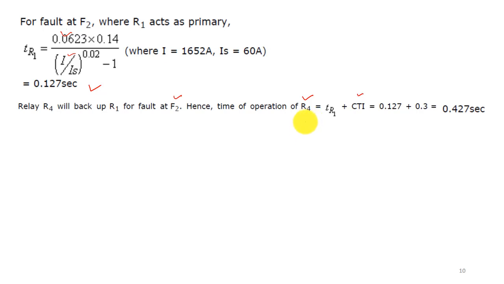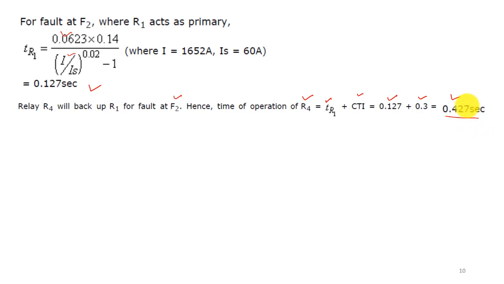CTI is considered here as 0.3 second, and the operation time of R1 as primary relay, TR1, is 0.127. So 0.127 plus 0.3 gives us 0.427 second, and this is the time required by relay R4 when it is acting as a backup relay for R1 for fault F2.